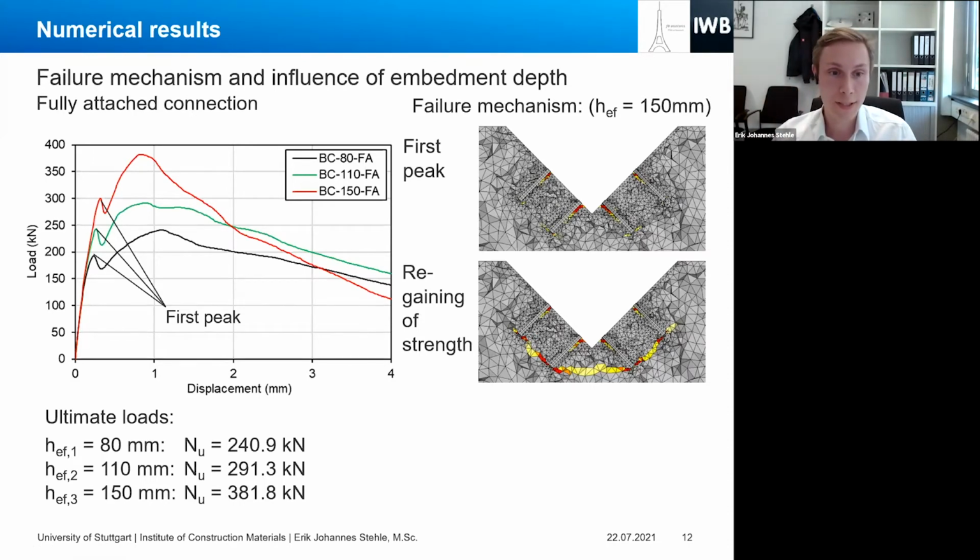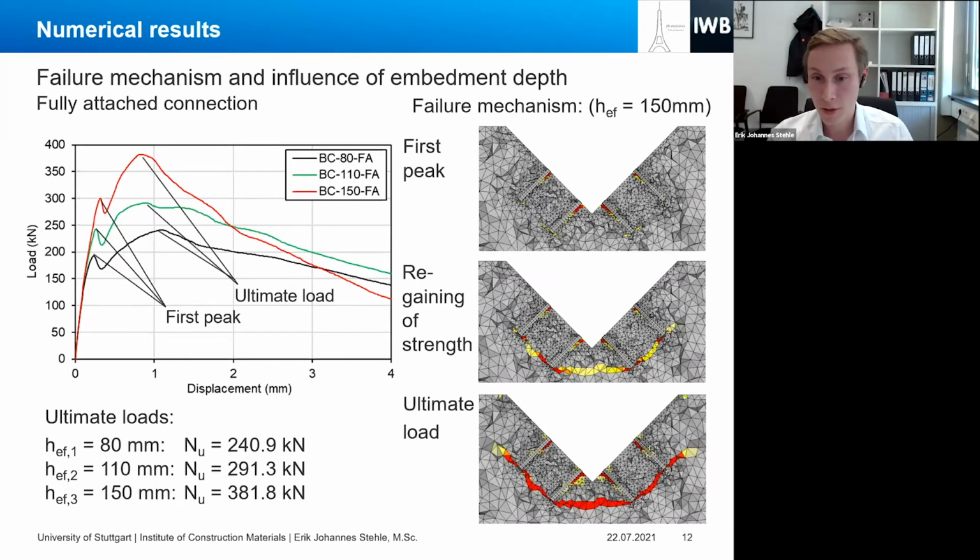After this drop of load, the complete connection regains some of its strength, while now the cracks propagate from the outermost anchors towards the concrete surface.